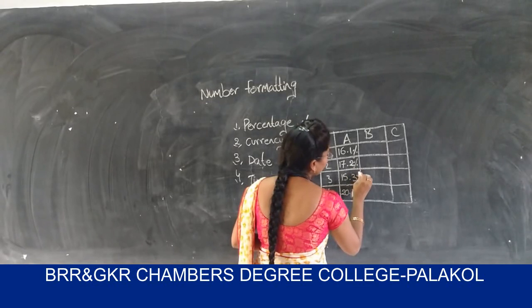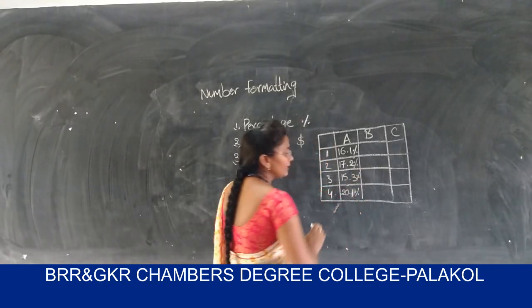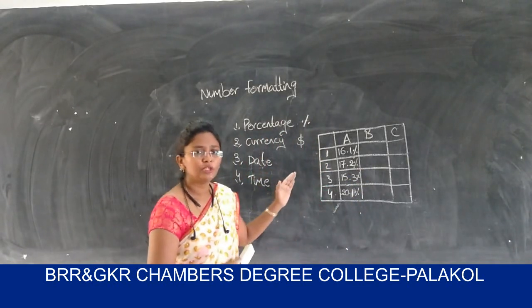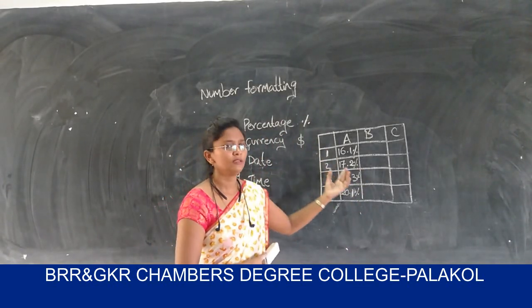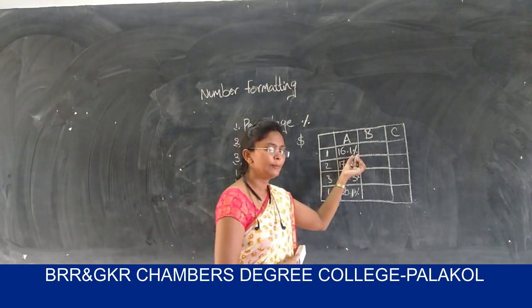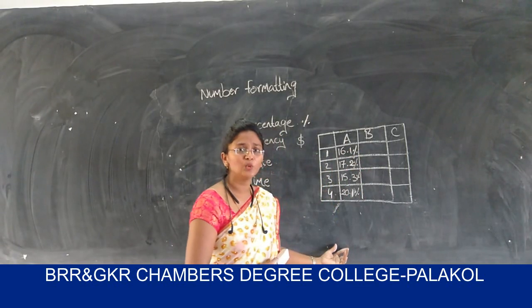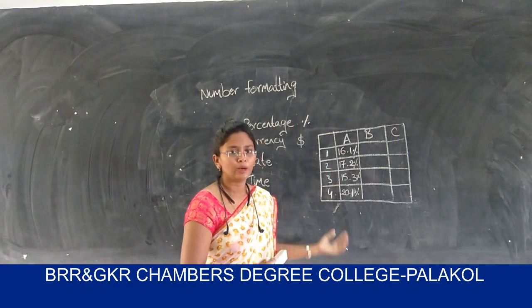If you enter the percentage symbol after the number, then the Excel sheet will understand this is a percentage. If you don't enter the percentage symbol after the number, then it will be categorized as only decimal numbers or numbers.